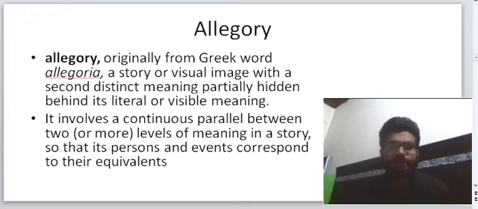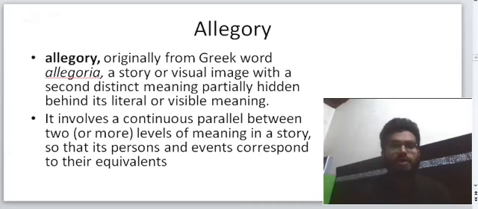Literal meaning is what you understand through words, through the language that he has used. But he is actually trying to hint at something else. So, the other meaning, that is the deeper meaning, is hidden behind this literal, surface level meaning.